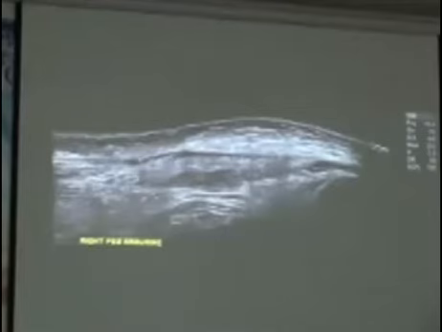So this patient initially presented query a deep vein thrombosis case. But because that was normal, I extended the examination to look at where the patient was sore.